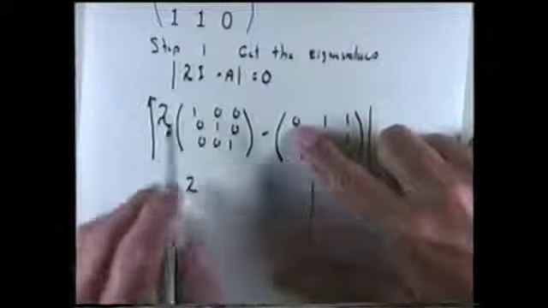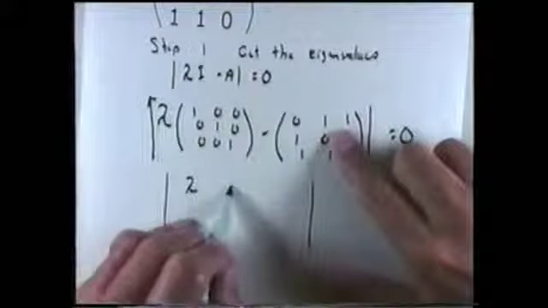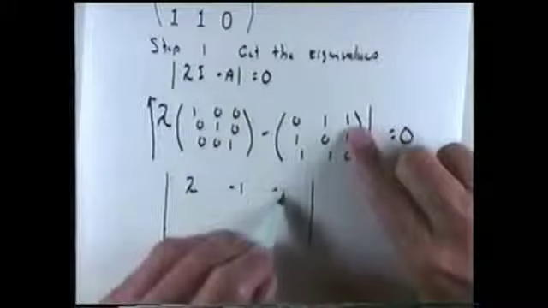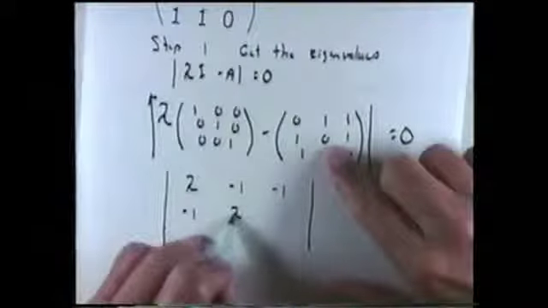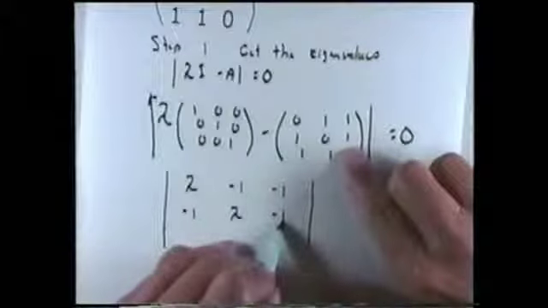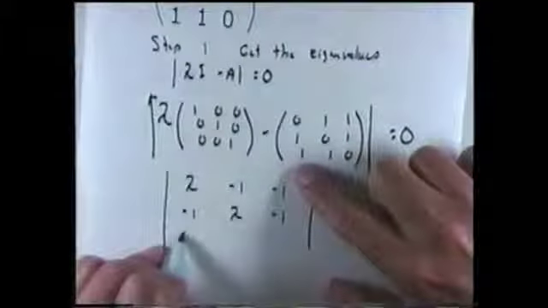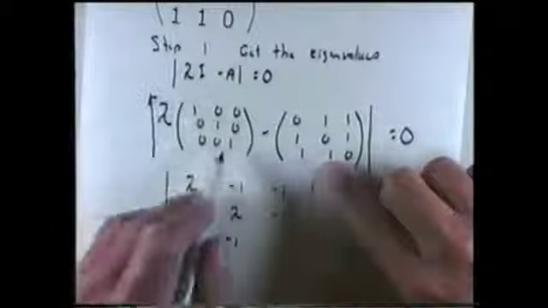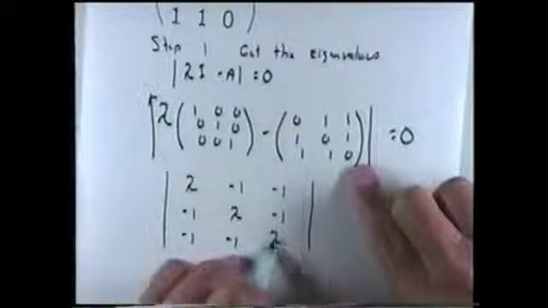That would be lambda minus 0, which is lambda. Then 0 minus 1, which is negative 1, and again 0 minus 1, negative 1, and 0 minus 1, negative 1. Lambda minus 0, which is lambda. Then negative 1, negative 1, negative 1. Lambda minus 0, which is lambda, is equal to 0.